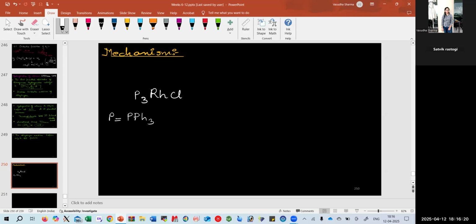It is easy to write over here. So if it loses one P, ultimately you will have the structure like P2RhCl. And if you add it back, then it would be reclaiming your catalyst. So firstly, for the oxidative addition, it needs to lose one phosphine group.